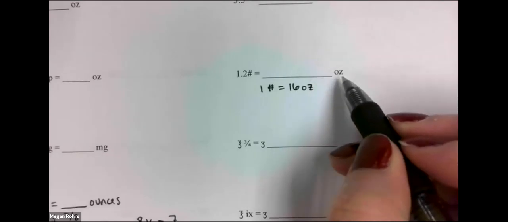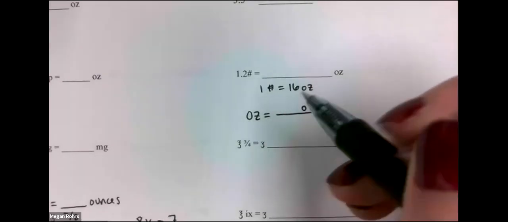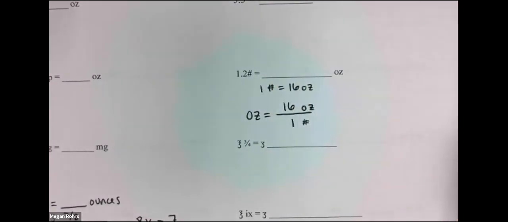So we're starting with the unit that we're solving for, and we're following that up with an equal sign. Then our first fraction needs to have that unit in the numerator, and we're never going to cancel that unit out. Now we can plug in what we know. We know that 16 ounces is equal to 1 pound. Then we're going to multiply that by a fraction that has this unit in the numerator. So we want pounds up here.